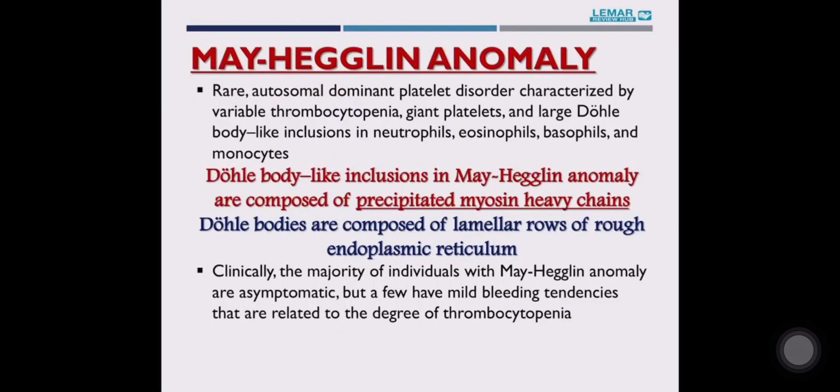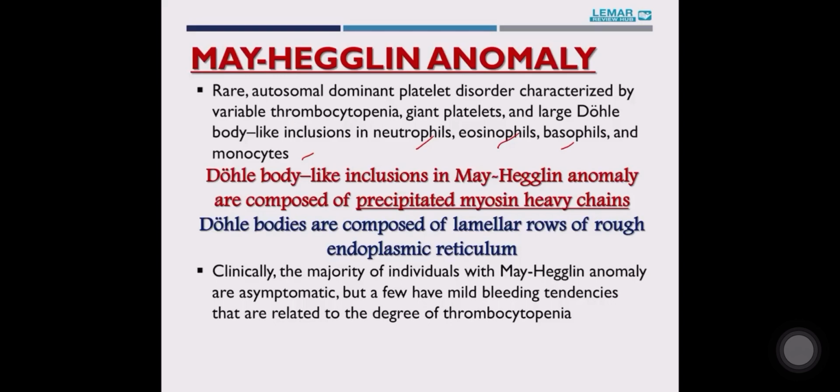Another, we have yung May-Hegglin inclusion. These are pale blue inclusion in WBC found in neutro, eosinophil, monocyte. Ingat po sa May-Hegglin inclusion, pwede mapagkamalan as Döhle bodies. Yung Döhle bodies po, saan po ito makikita in case of infection? Paano mo sila i-differentiate from Döhle bodies?